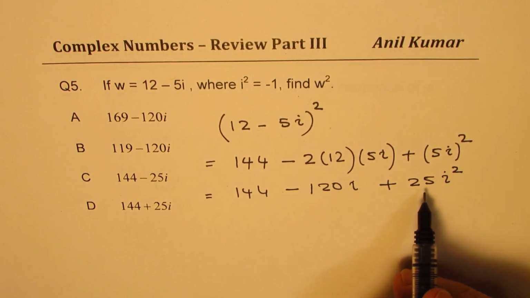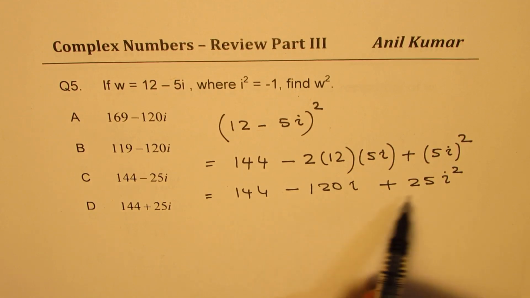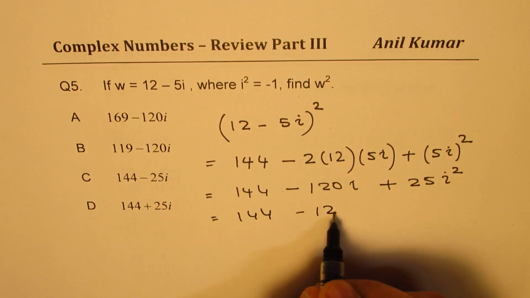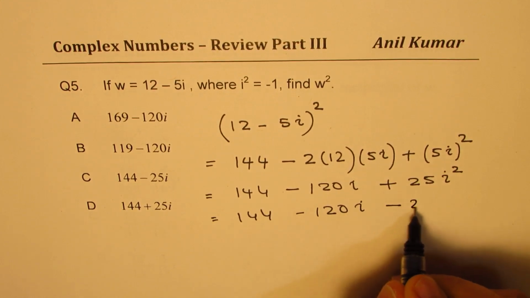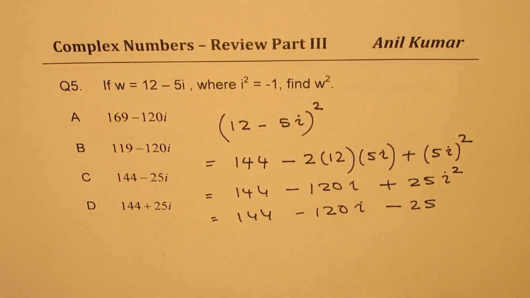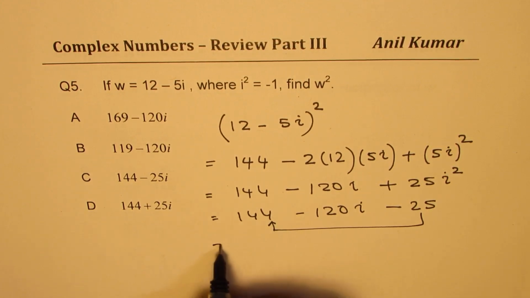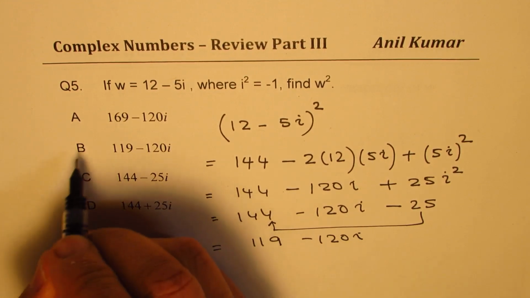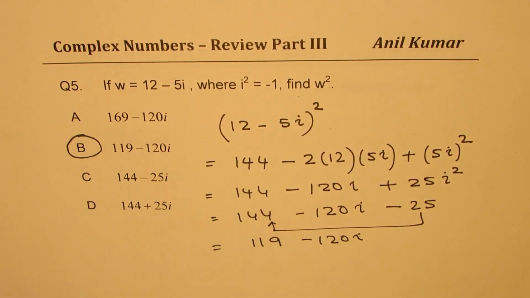Remember, i square is negative, right? So these two are the real parts. So basically we get 144 minus 120i minus 25, correct? So this can now be combined with 144. So you get 119 minus 120i as a result. So which is option B for you.